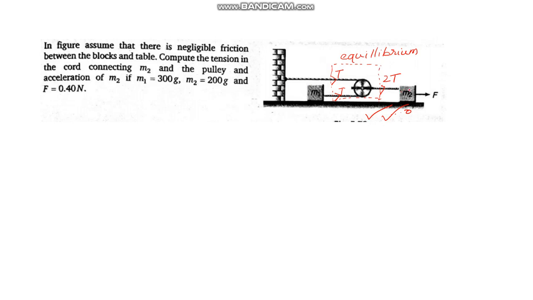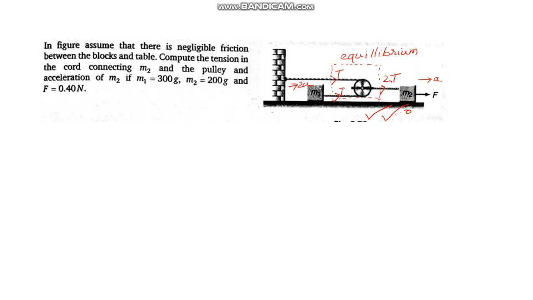Now let us say the force is applied in this direction, so acceleration also will be in this direction. So for 2T tension, if acceleration is A, for T tension the acceleration will be 2A. Less force, more acceleration.